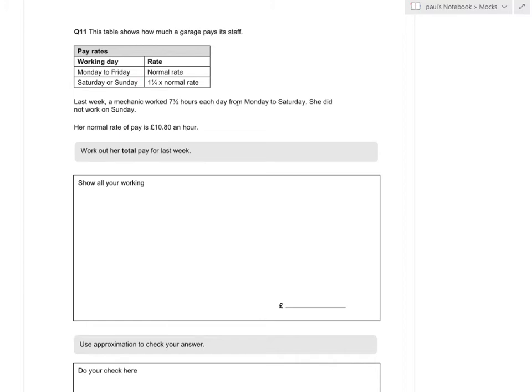So each day from Monday to Saturday, she worked 5 days at £10.80 times the 7.5 hours. And she did a Saturday.